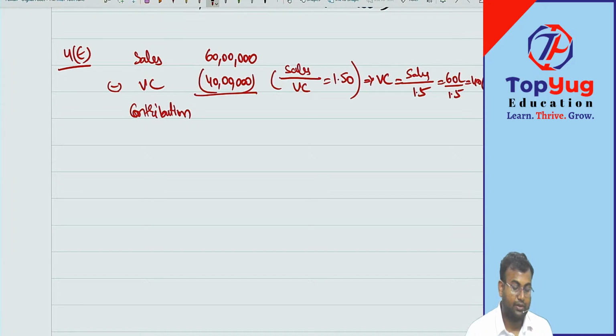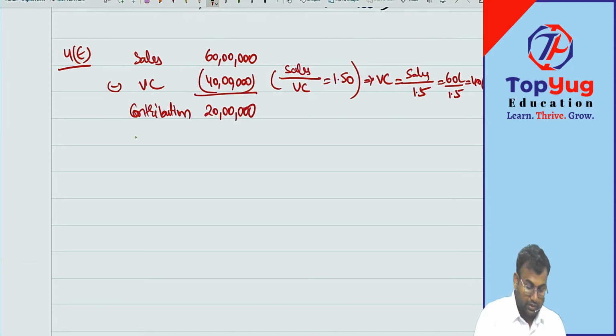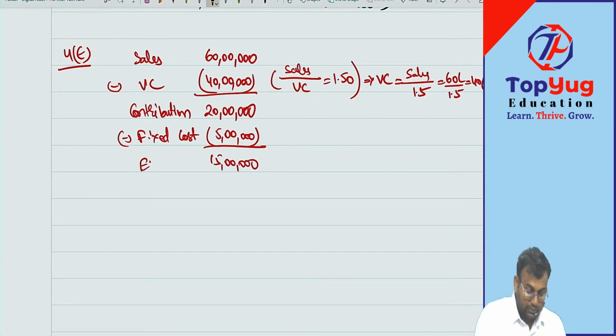You have to just minus fixed cost, interest, and then calculate all the leverages. Done. Okay. How much is contribution? Minus fixed cost, then minus interest.